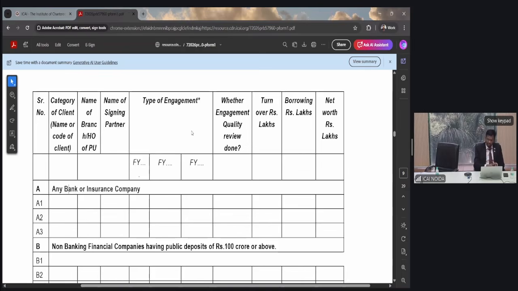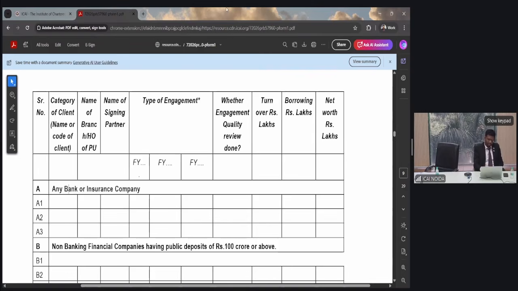So in order to determine that also, the peer reviewer needs to have that column. Thirdly, there is a requirement in the sample selection guideline that at least one UDIN, at least one assignment where fees less than the minimum recommended fee was accepted, needs to be selected as a sample. So for all these purposes, generally the peer reviewer asks for a UDIN-wise fee register as well.